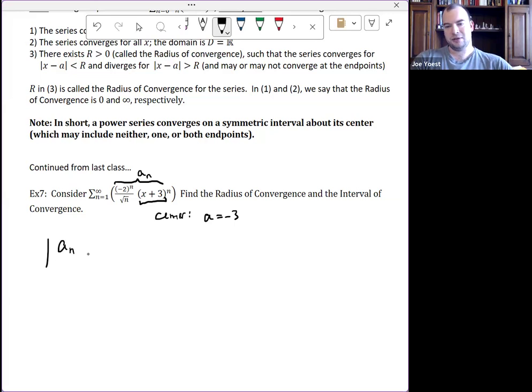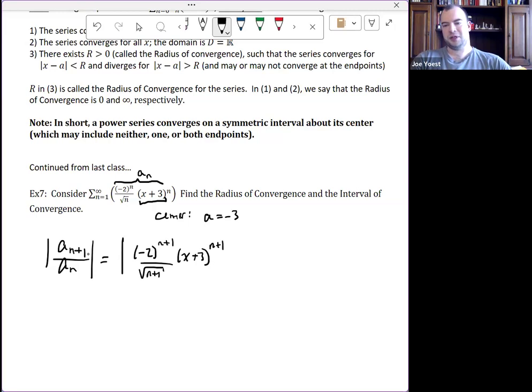So if I look at the absolute value of the ratio of a_(n+1) to a_n, that gives me (-2)^(n+1) over root n plus 1, (x + 3)^(n+1). So that's a_(n+1) up top. And then 1 over a_n gives me what? Well, it gives me (x + 3)^n on the bottom, (-2)^n on the bottom, and root n on top.